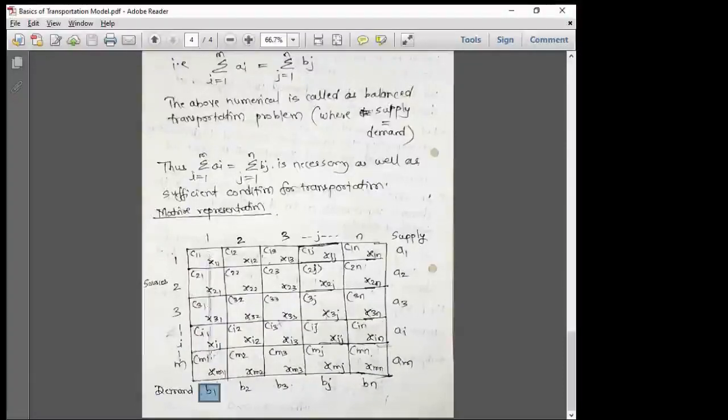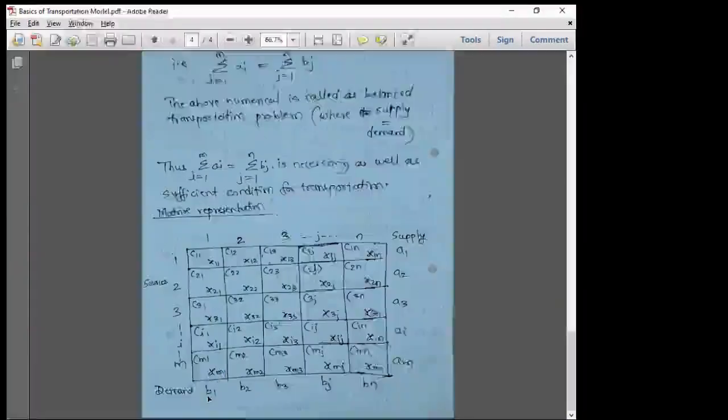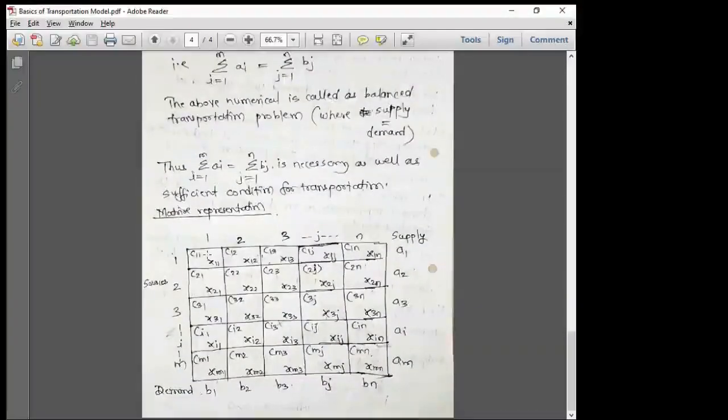Because we are dealing with that particular first warehouse, where the first warehouse will have a demand of B1. So we are going to find out all these values in such a manner that the condition of a row as well as the condition of the column will get satisfied. I have to satisfy the condition for all the columns and all the rows.